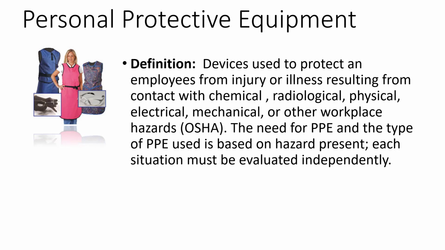What is the definition of personal protective equipment? The definition is devices used to protect an employee from an injury or resulting illness from contact with chemical, radiological, physical, electrical, mechanical, or other workspace hazards.